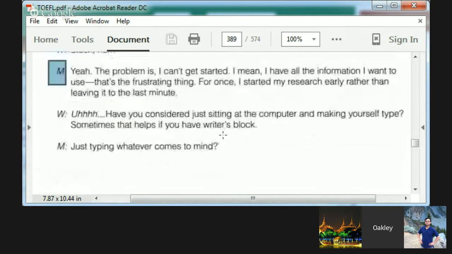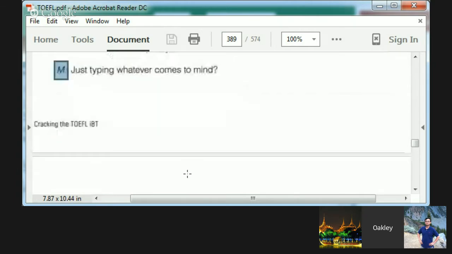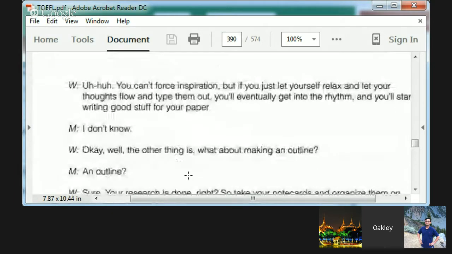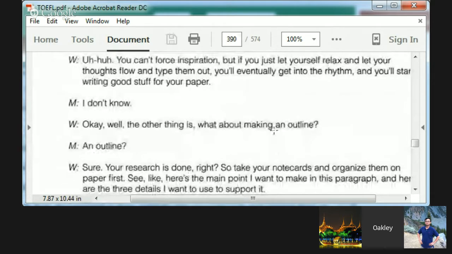Have you considered just sitting at the computer and making yourself type? Sometimes that helps if you have writer's block. Just trying whatever comes to mind. You can't force inspiration, but if you just let yourself relax, let your thoughts flow and type them out, you'll eventually get into the rhythm and you'll start writing good stuff for your paper.